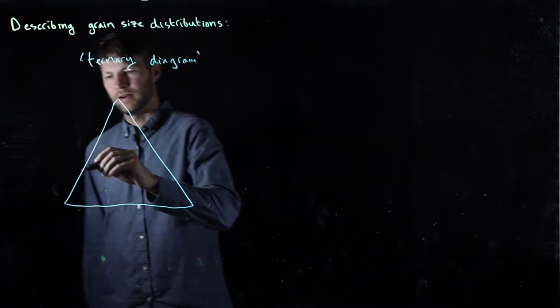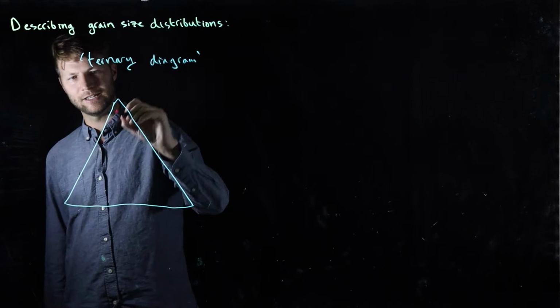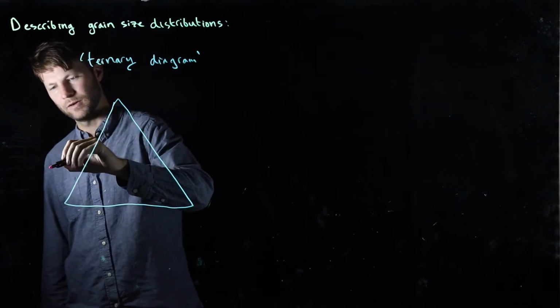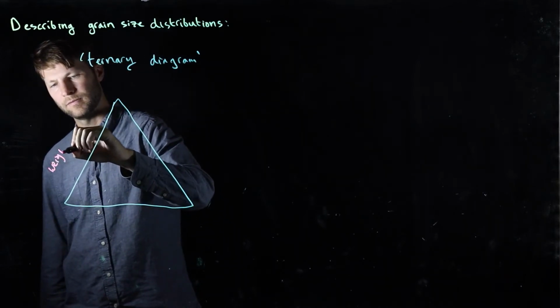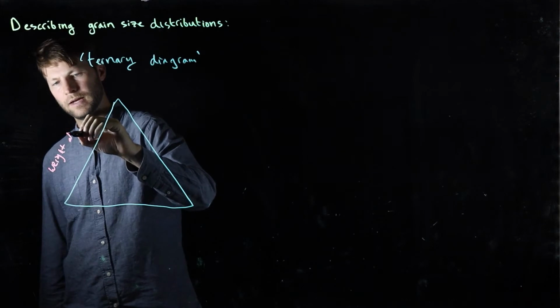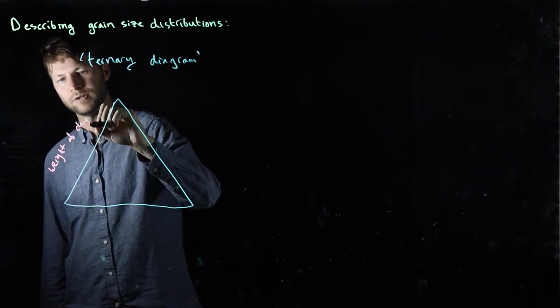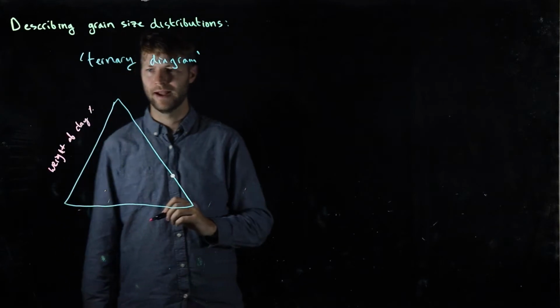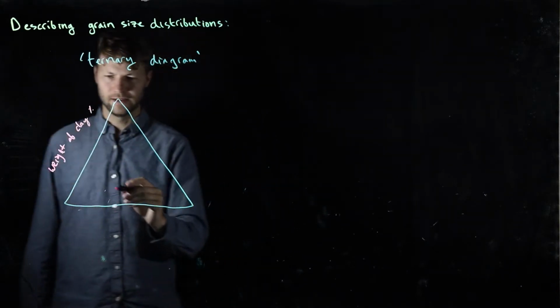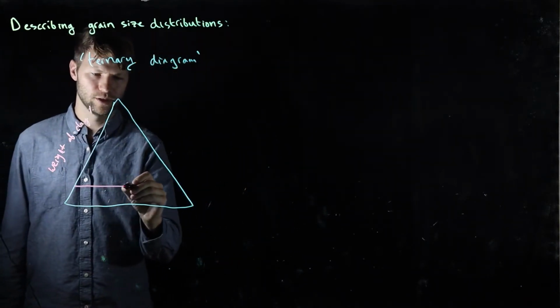So on this axis, these are actually plotting axes, even though it's a triangle. We're going to have the weight of clay as a percentage of the total sample mass. And so we'll go over here.